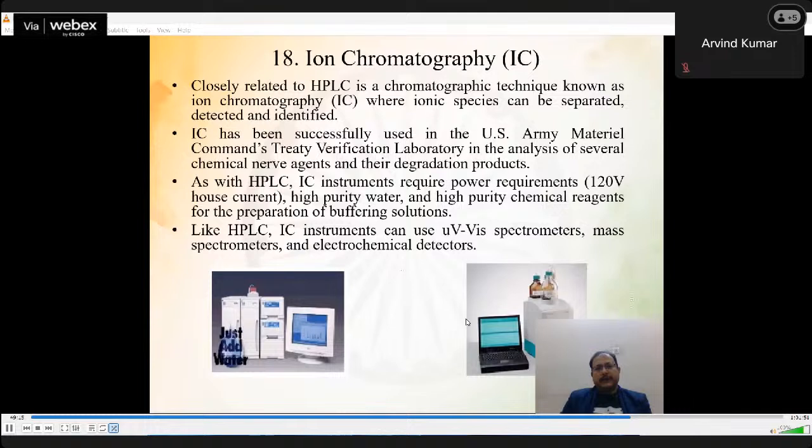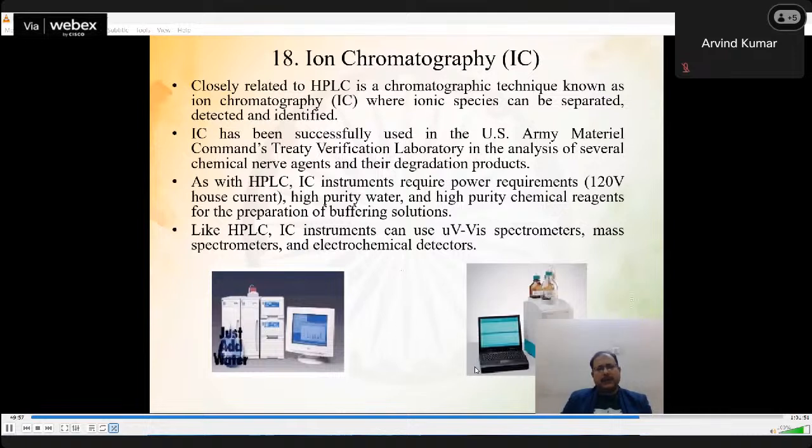As with HPLC, ion chromatography instruments require power, high purity water, and high purity chemical reagents for preparation of buffering solutions. Again, for the mixture part also, it is being used. The US Army is utilizing all these things because they have had this type of technology for a long time. So it is also related to HPLC only.